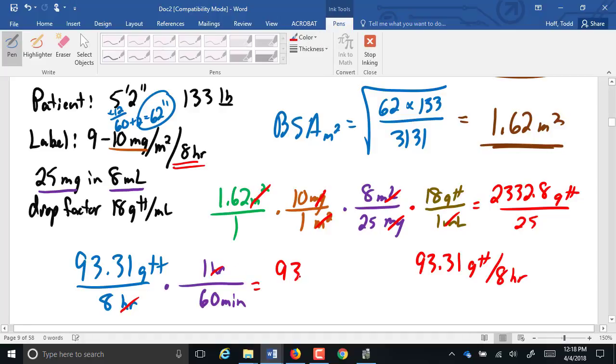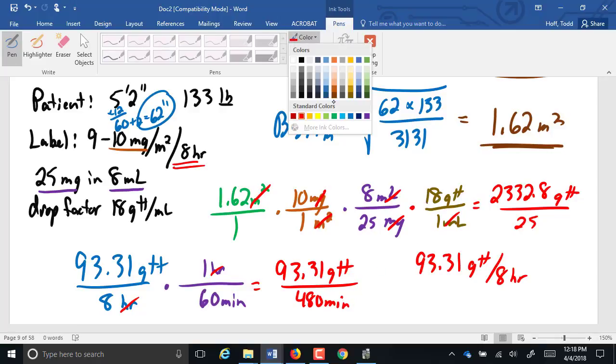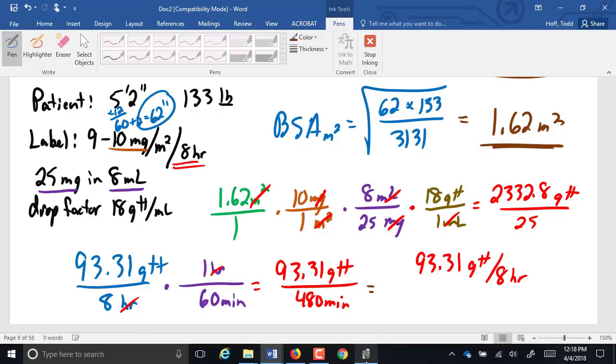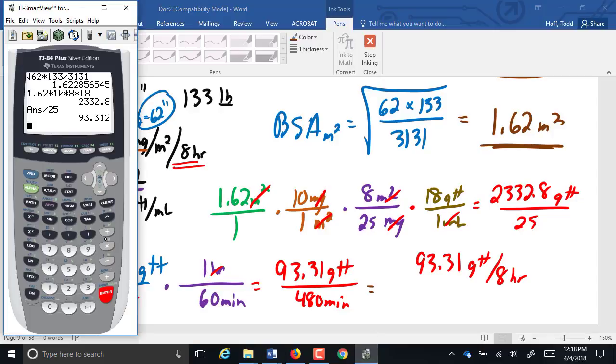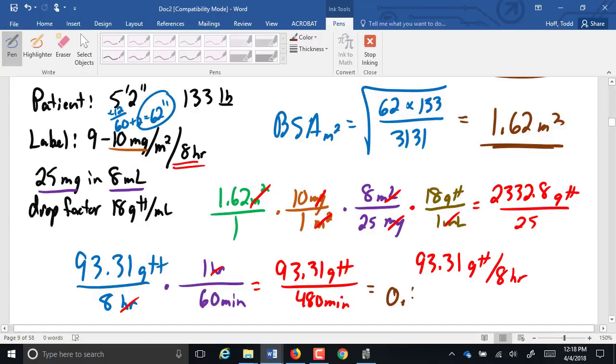We've got 93.31 drops over 8 times 60, which is 480 minutes. We divide that out, we're going to get an extremely small number. 93.31 divided by 480 gives us 0.194. 0.19 drops per minute.